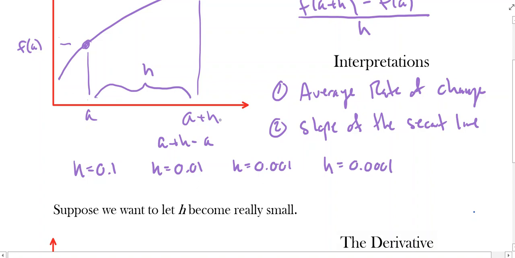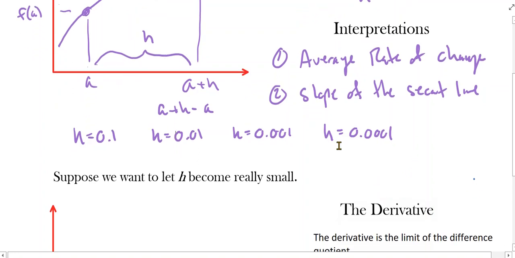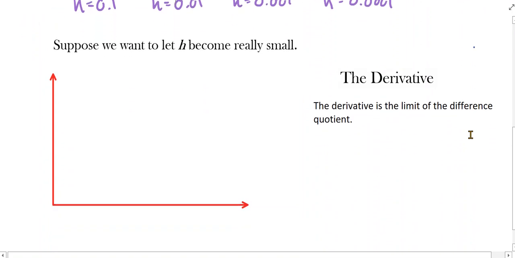H is a small distance. Now, let's just suppose that we want to let H become really, really small, even smaller than these values. The question is, how small can we let H become?